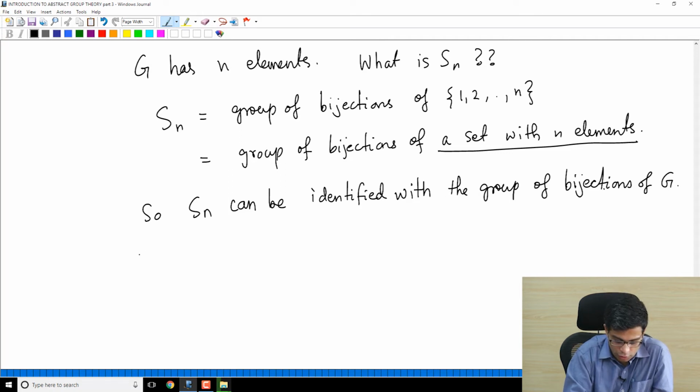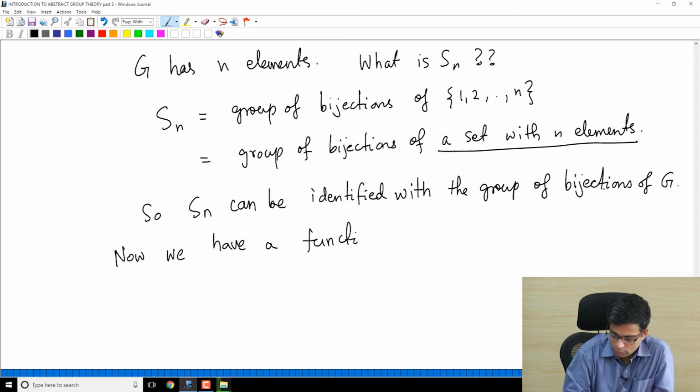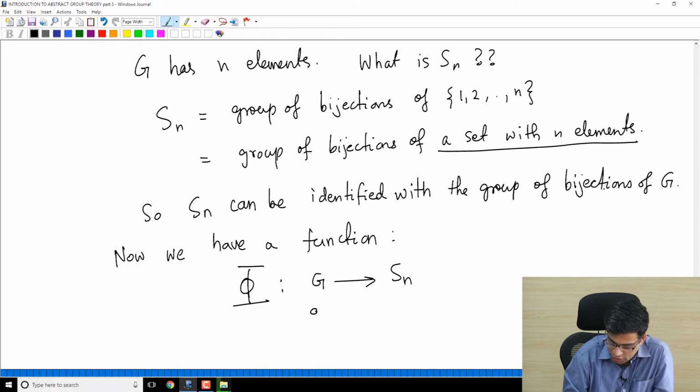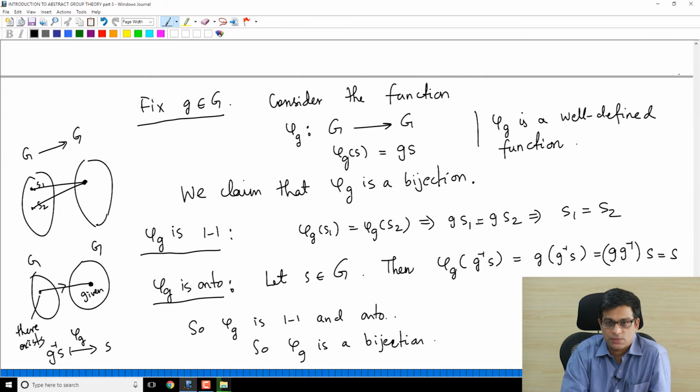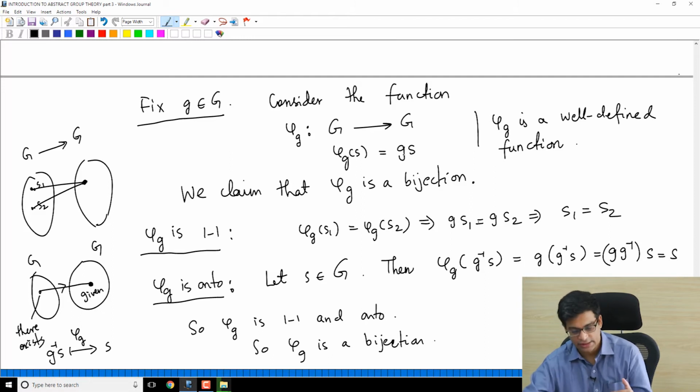So now we have a function, let's call it capital phi from G to Sn. What does it do? It takes a g and sends it to phi g that I defined earlier. Remember what is phi g? For a fixed small g, phi g is the function from G to G which sends s to gs, which I have checked is a bijection.